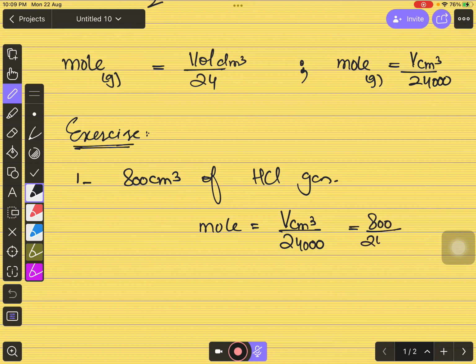Remember again, we can only use this for gaseous volumes. आगे जाके परेशान ना हो जाइएगा, अभी बता रहा हूँ ये gaseous volumes के लिए है. So if you divide 800 by 24,000, it will give you 0.033 moles. Is that clear बच्चों? Yes, sir.